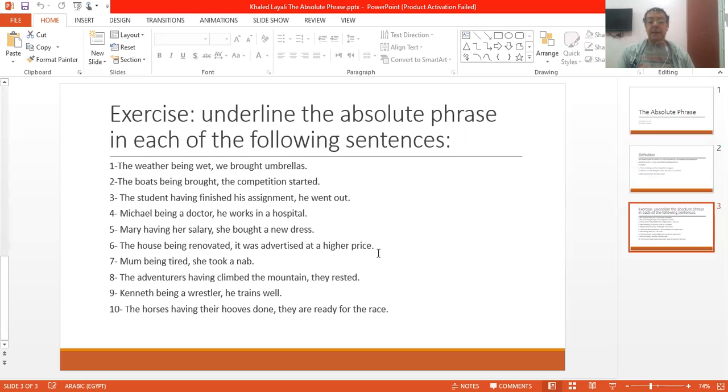Last sentence, number 10. The horses having their hooves done, they are ready for the race. The horses, we have a definite article, then we have a noun, horses, plural noun. Having their hooves done is a participial that modifies horses. So the horses having their hooves done is an absolute phrase.